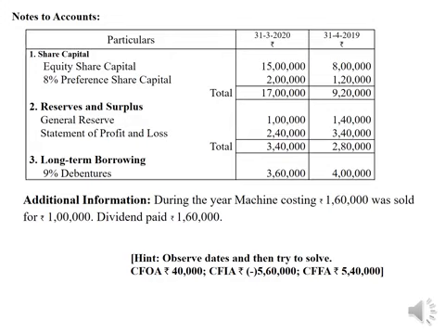So answers are given. Cash flow from operating activities 40,000, cash flow from investing activities minus 5,60,000, cash flow from financing activities 5,40,000. So try this. So we came to the end of the video session. We tried to understand something about cash flow statement and how to prepare cash flow statements.